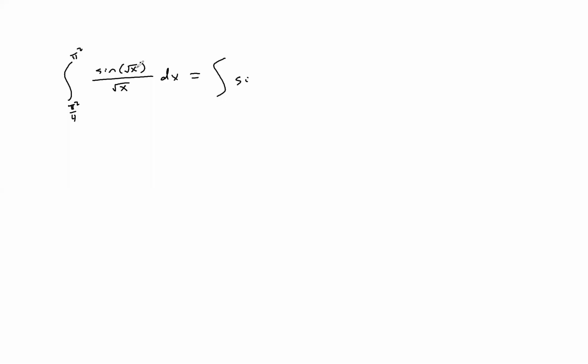So the top is the sine of square root of x. And then I'm dividing by 1 over the square root of x, so that's the same thing as times 1 over the square root of x.